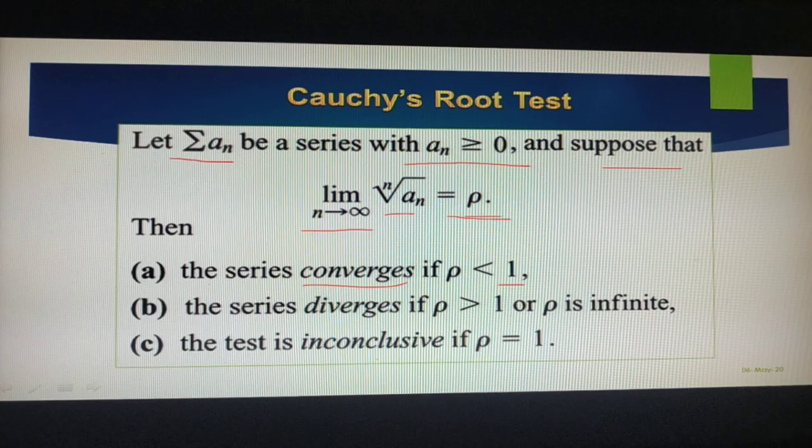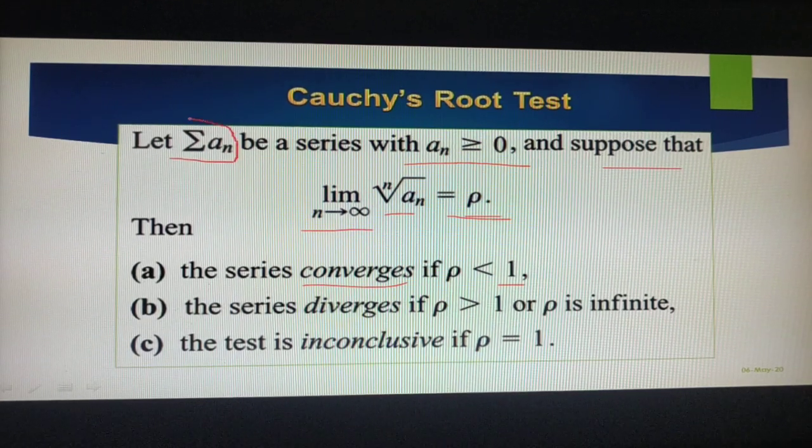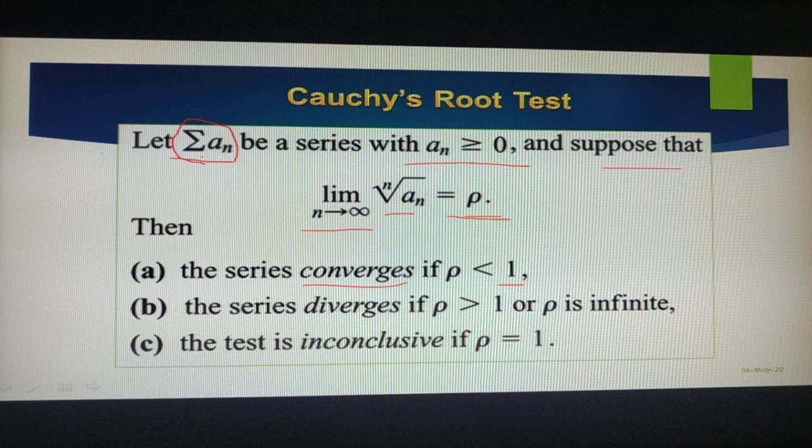Let's try to understand these statements. I took the series here, summation sigma an, which means a1 plus a2 plus up to an plus up to infinity. If I am not given n equal to 0 to infinity, and simply given sigma, that tells us it is an infinite series.